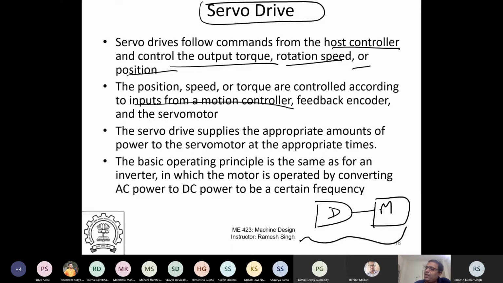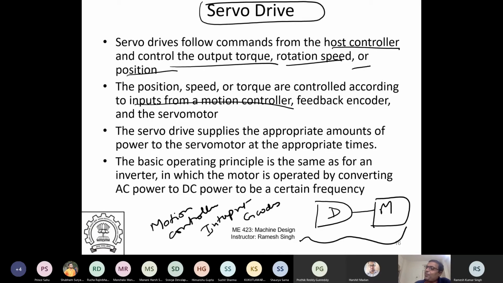The motion controller can be software which will interpret the G codes you give, and then ask the motor to move, right? And then there is a feedback encoder. The feedback signal comes to the servo drive.